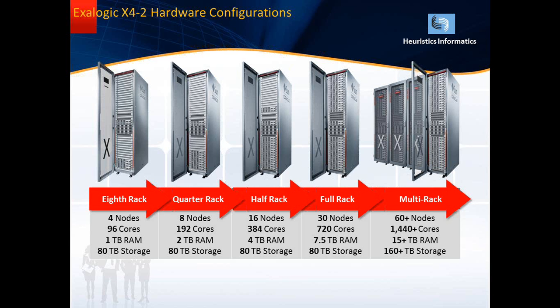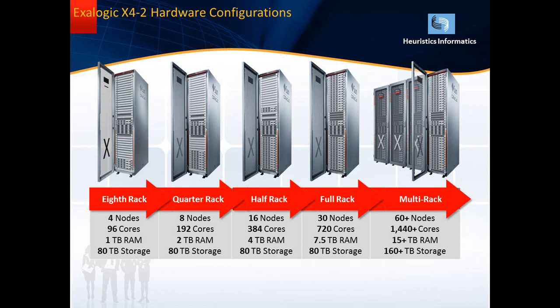In the half rack, it has 16 compute nodes, which is equivalent to 384 cores, and 4 TB of RAM and 80 TB of storage. In the same way, the full rack has 30 nodes, which is equivalent to 720 cores and 7.5 TB of RAM and 80 TB storage capacity.